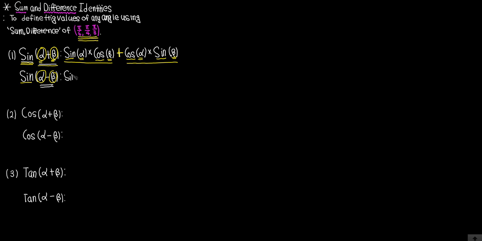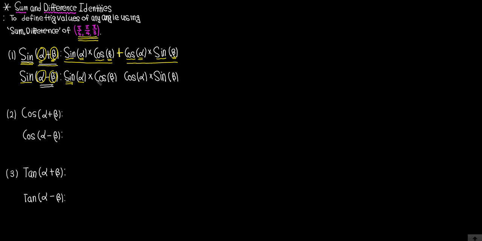So let's write down the sum identities. Sine of the first angle, alpha, times the cosine of the second angle, beta, and the cosine of the first angle, alpha, times the sine of the second angle. And as we can see, the sine of alpha minus beta and sine of alpha plus beta are closely related.